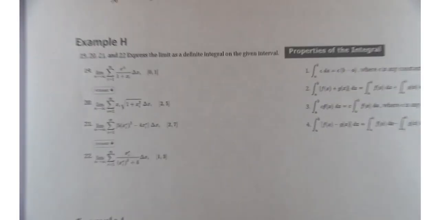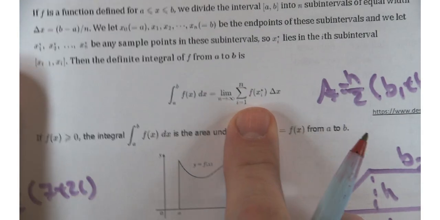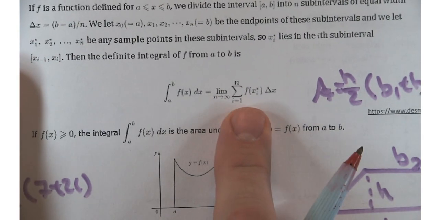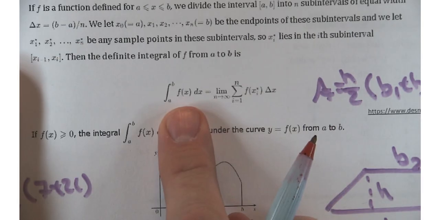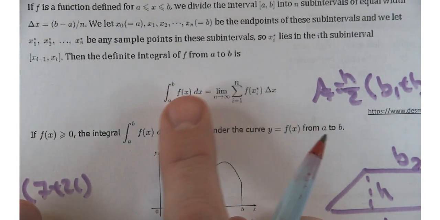This one's kind of going backwards. It's working back towards what we started out with in terms of the definition of the Riemann integral. The definition starts out with a limit and gives you the integral. Let's see if we can change this into this.